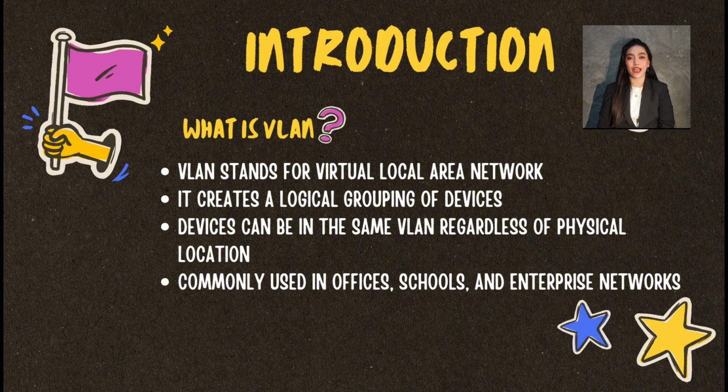For example, in an office environment, employees from the HR department may be grouped in one VLAN, while employees from IT may be grouped in another VLAN, even if they are on different floors of the building. This makes VLANs flexible and scalable for growing organizations.